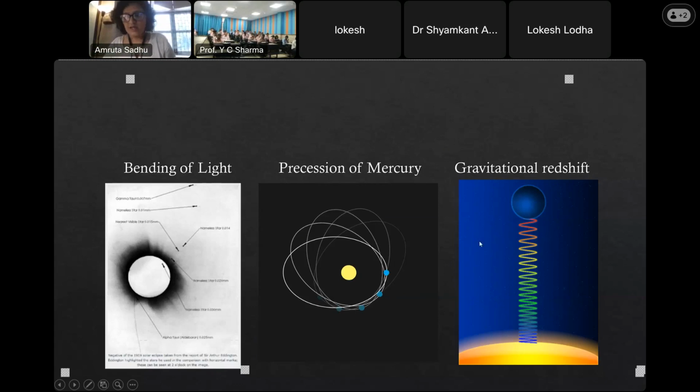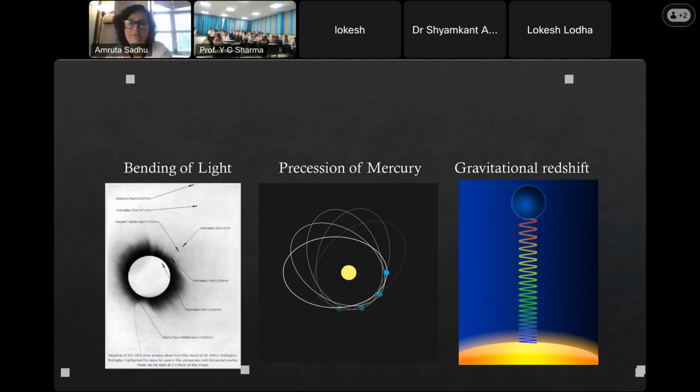And again, we talked about how the frequency of light sent upwards from a surface changes, so if you send out blue light, it will become redder.